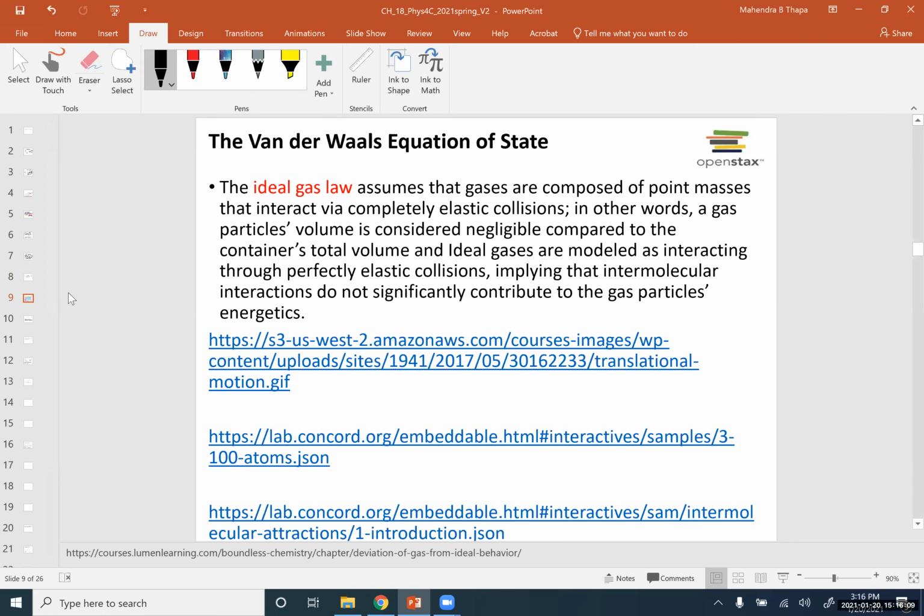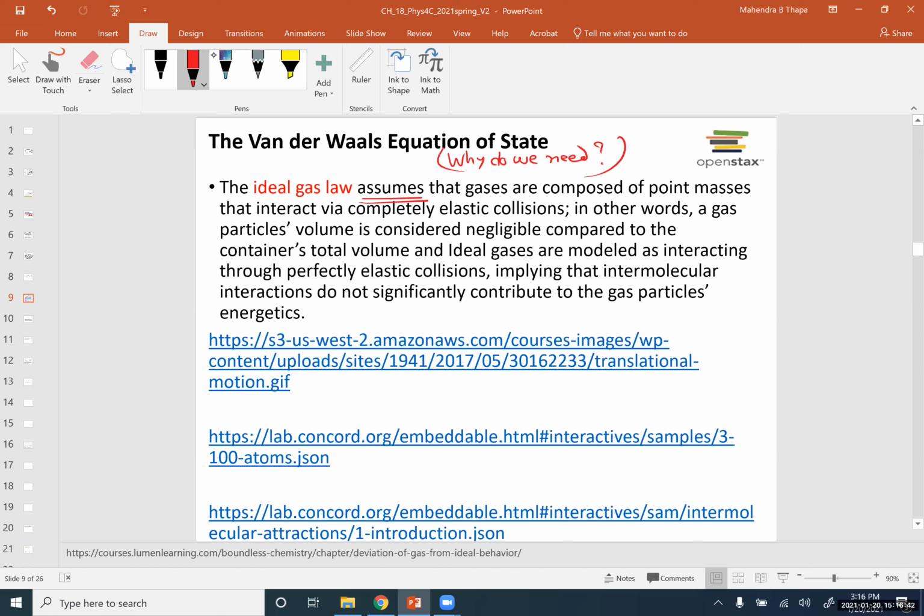Next, let's talk about the van der Waals equation. The main question is why we need it. The reason is that the ideal gas law is based on assumptions.